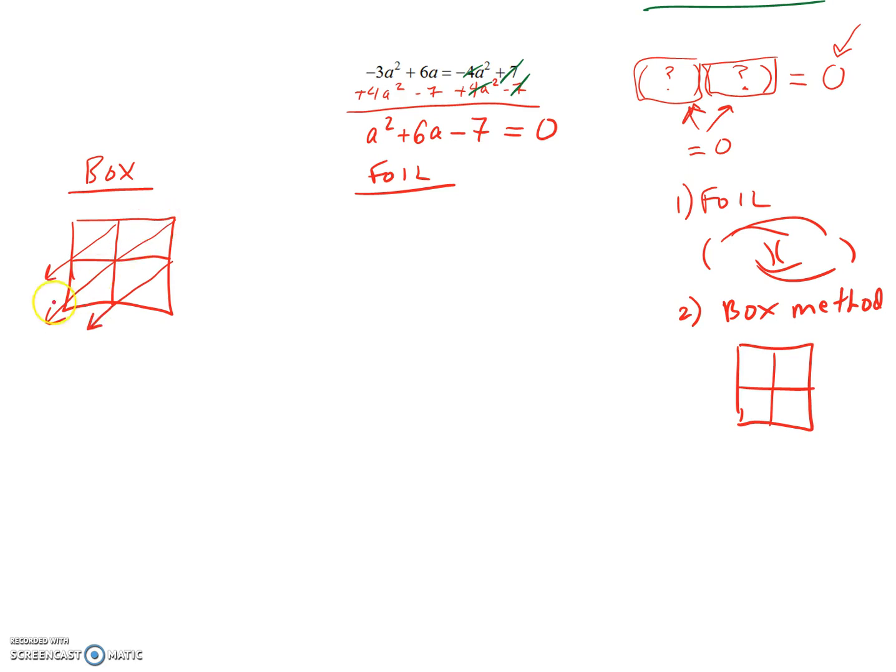Okay, the sum of the diagonals of the boxes should end up equaling your quadratic equation here, or at least the expression on the left-hand side. It should always be the first term, the second term, and the third term.